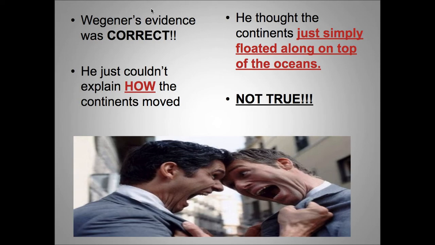Pangaea was a thing. He just couldn't get to the how does it happen. All right, and he was a case of a scientist who was too far ahead of his time. He didn't have the right technology to figure out this part. He knew the continents moved. He was right in that aspect. He just didn't know how.